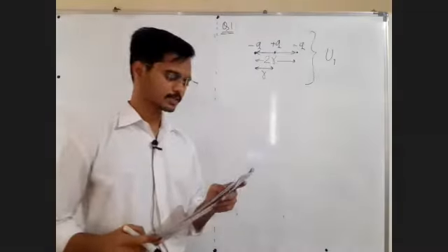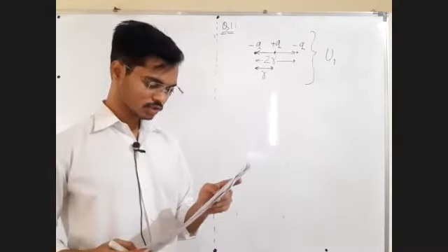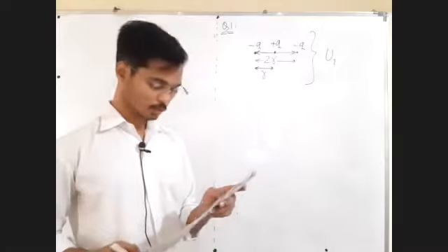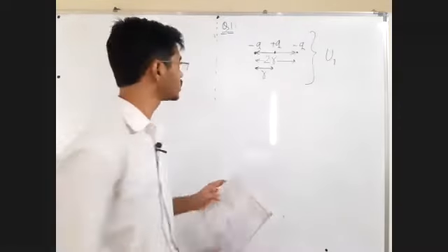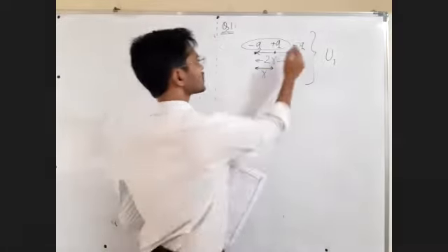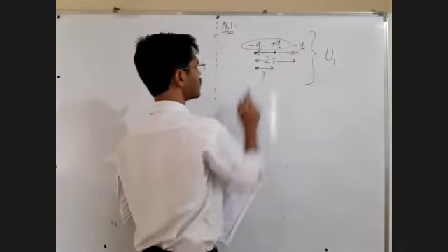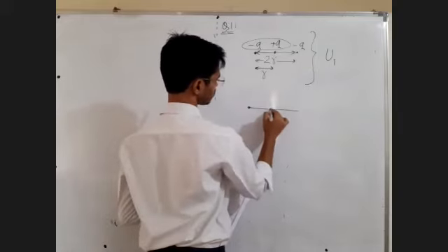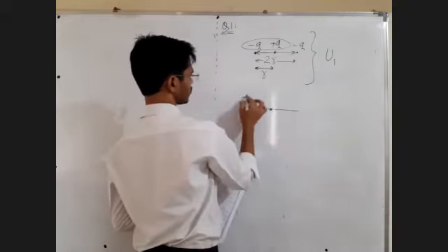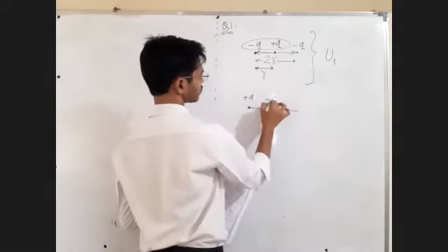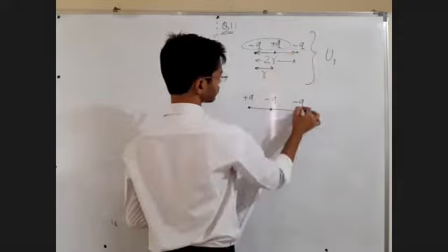If the two nearest point charges are mutually interchanged, these are the two nearest point charges, any of these two. Let us mutually interchange. Now this plus q will come here, this minus q will come here.